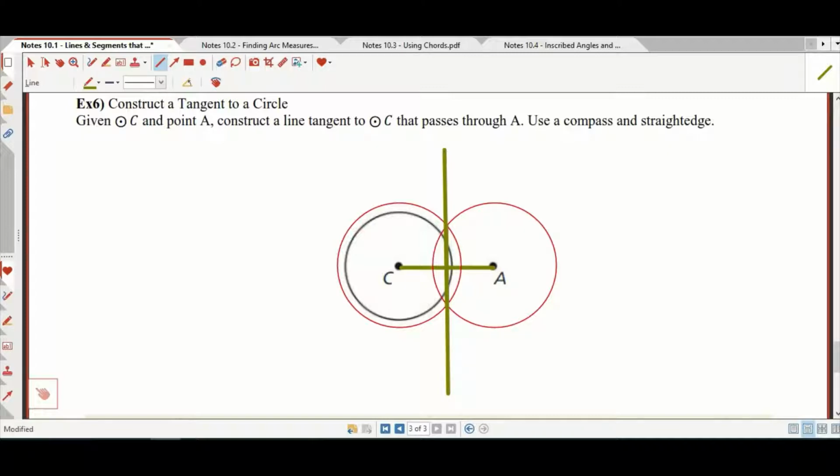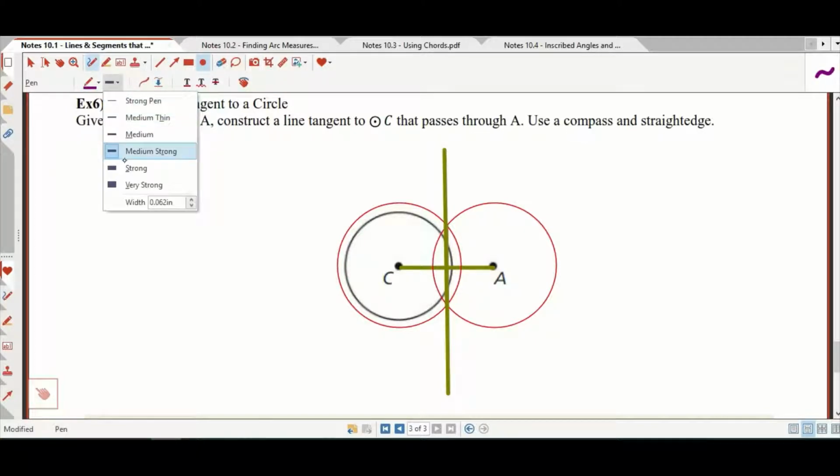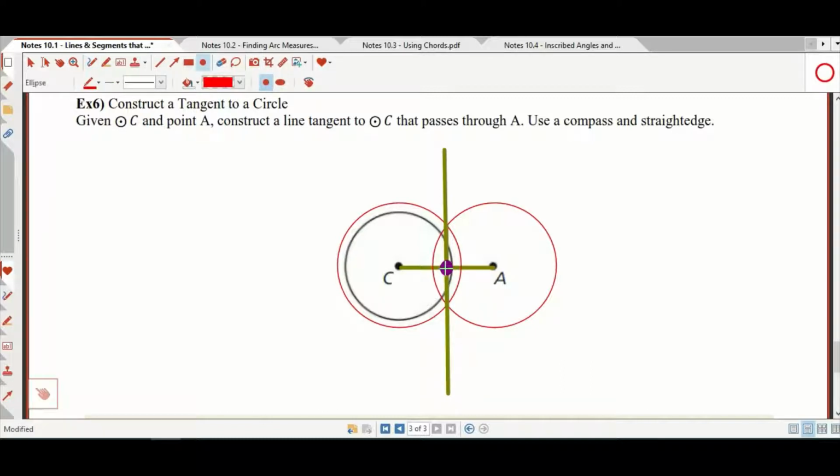And you might be wondering how that helps us find a tangent point. And here's how. I'm going to make a little mark here for the center of that. Because now you're going to take your compass and put it on this point that you just created, the midpoint of CA. And you're going to make a circle that is equally distant from the midpoint to C and from the midpoint to A, because every point on this circle is equally distant from this point, which means that if I connect A and the place where that circle meets the other circle right there, I've created a tangent.